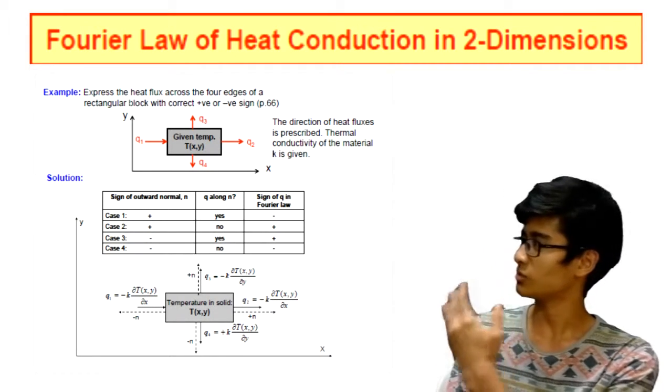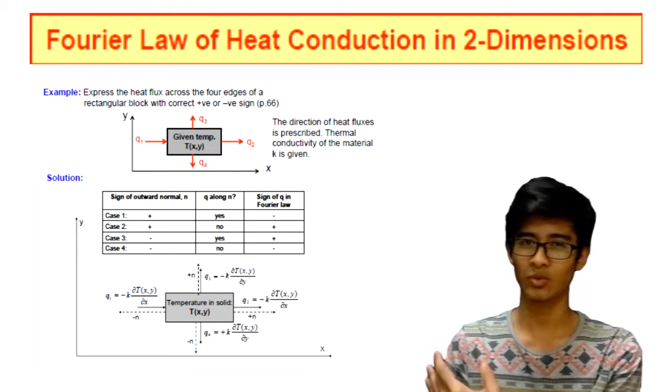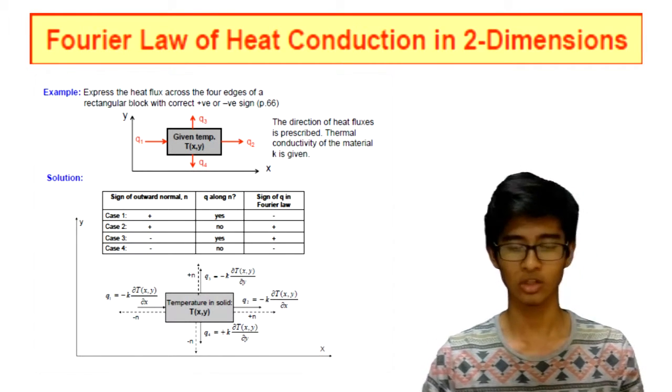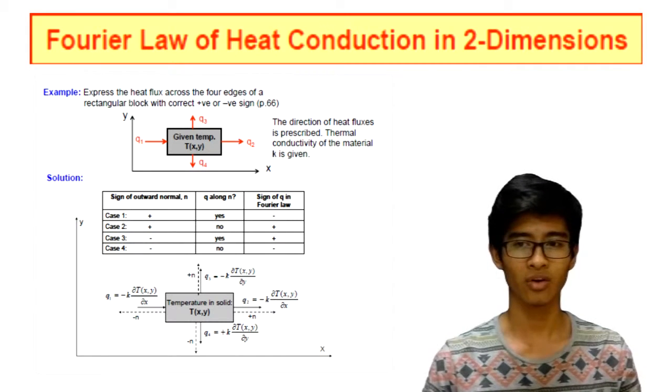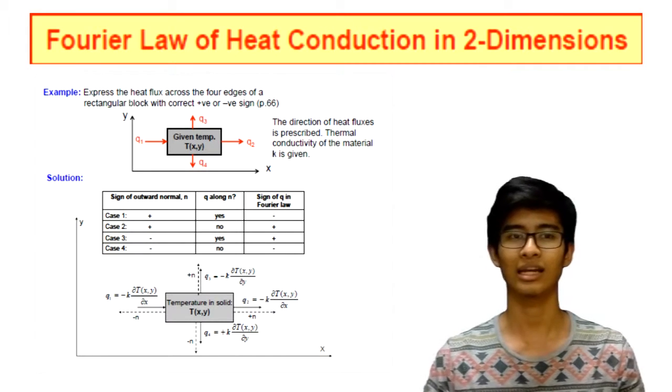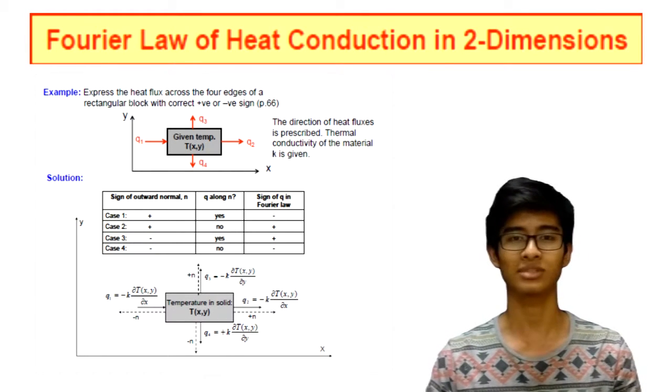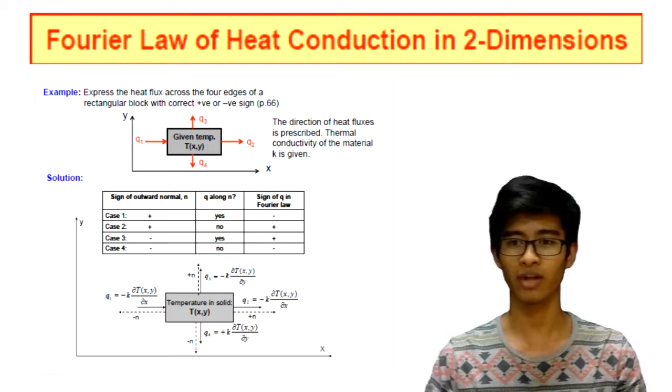As we can see, Q is clearly along n. So Q4 is in case 3, which gives a positive sign of heat flux.